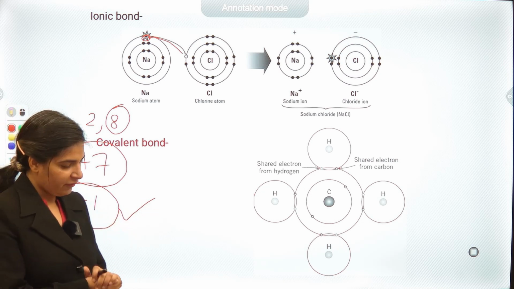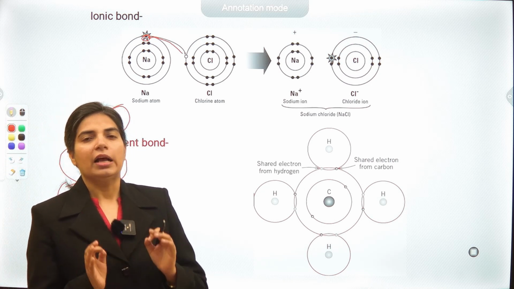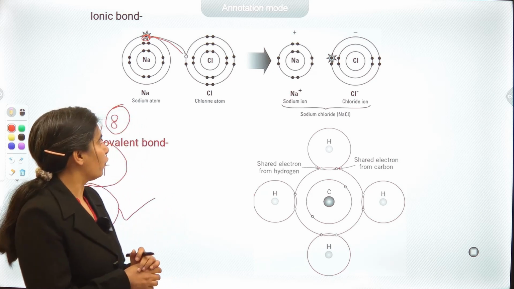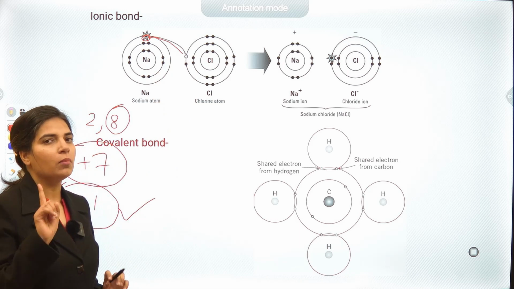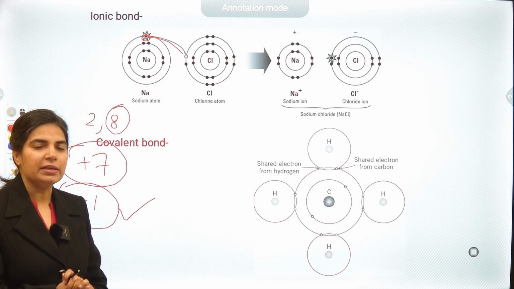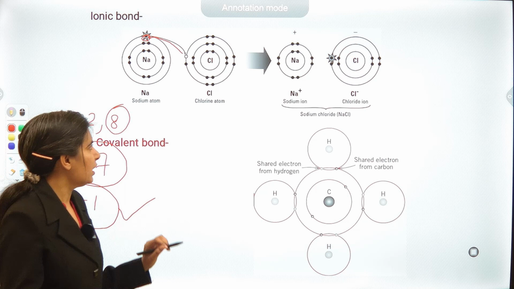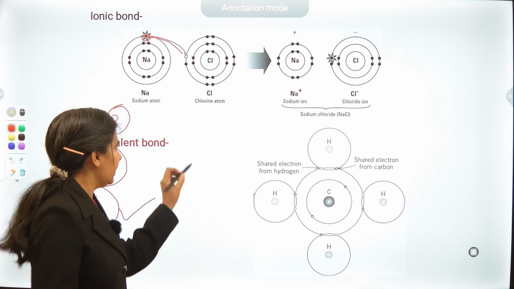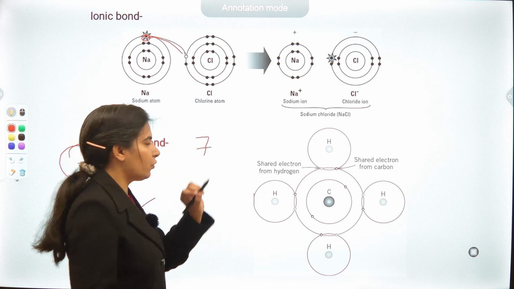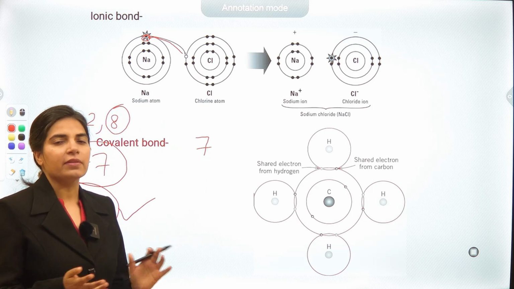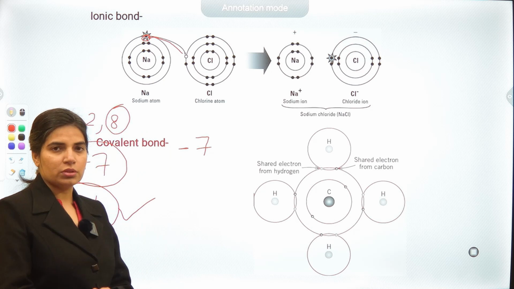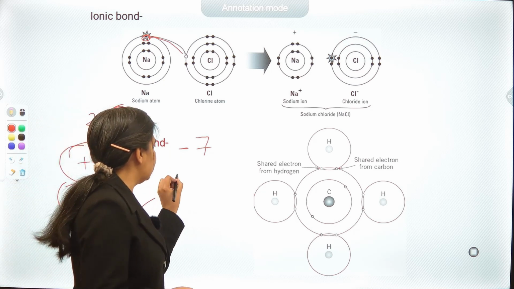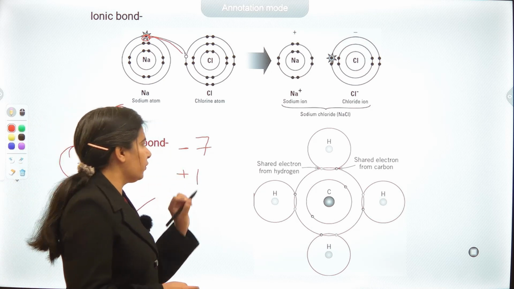And now if I talk about chlorine, the electronic configuration of chlorine indicates that chlorine needs 1 more electron to complete its octet, because in the outermost shell of chlorine it is having 7 electrons. Now to achieve the octet, chlorine either can lose 7 electrons or gain 1 electron.